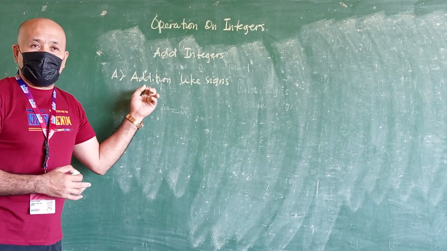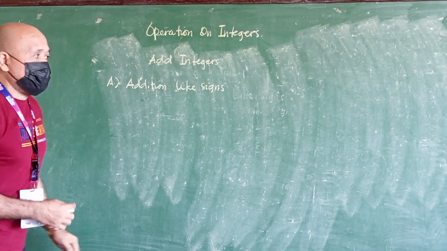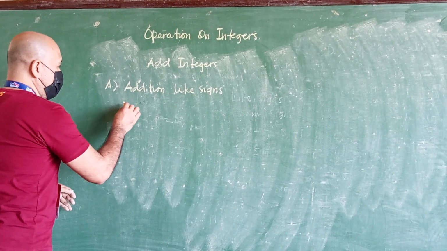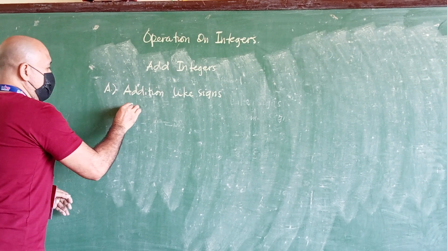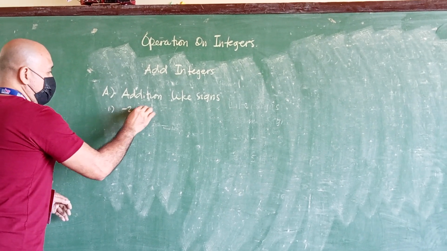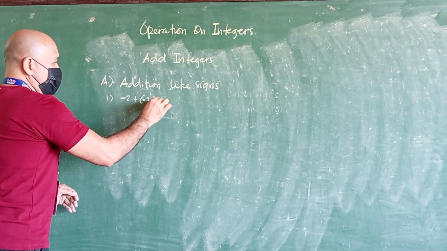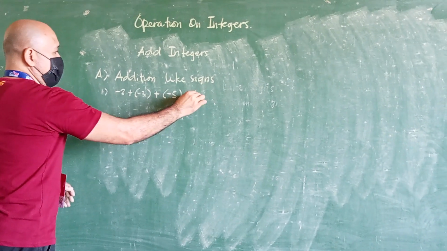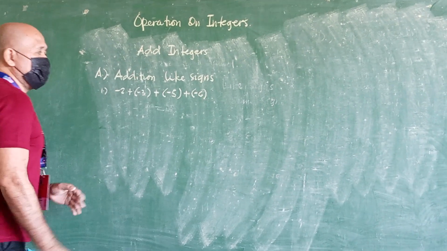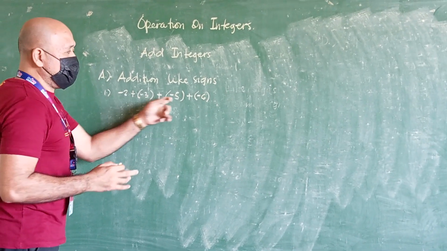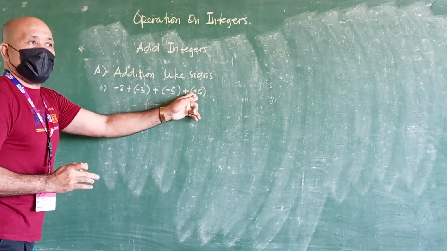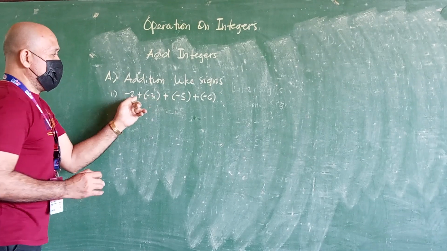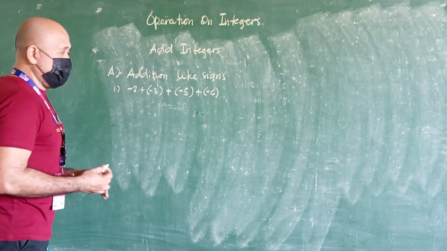What is important is that their signs are the same. For example, you have negative 2 plus negative 3 plus negative 5 plus negative 6. Again, you can add as many integers as you can as long as their signs are the same.